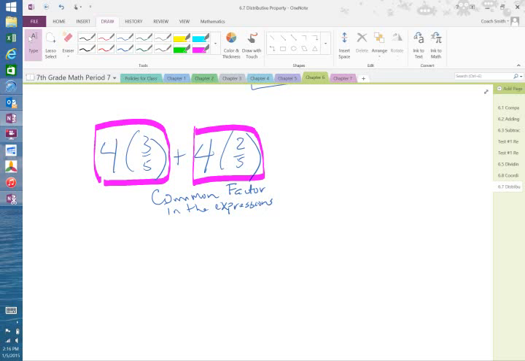They both have 4. Because 5 is not a number by itself, correct? Isn't 5 a part of the fraction? Okay, so we can't use the 5 because it belongs with the fraction. However, we can use the 4. We can reverse the distributive property.